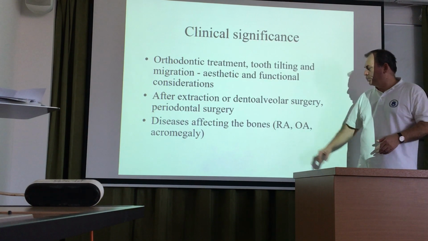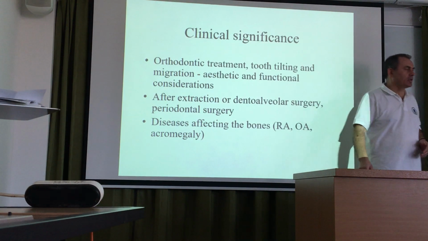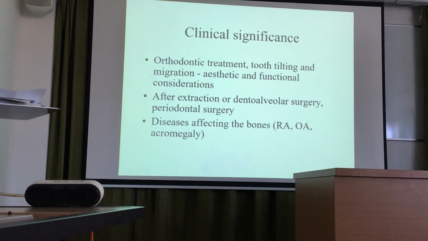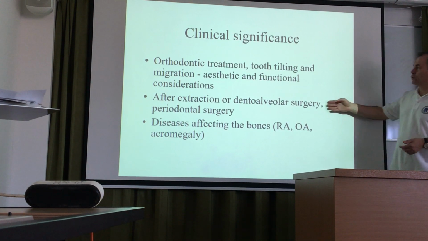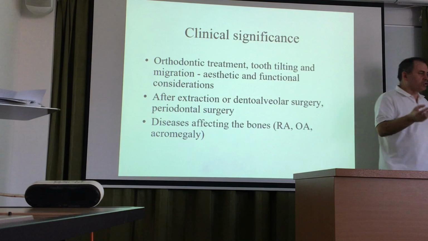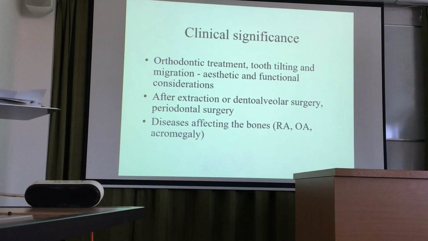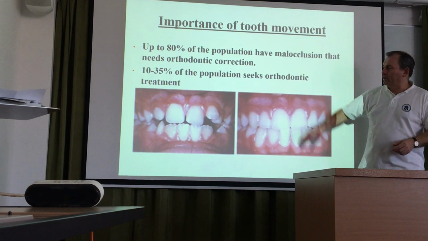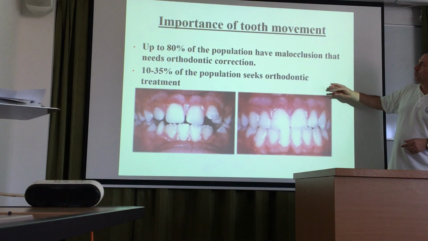The opposite is seen in rheumatoid arthritis and osteoarthritis, where bone destruction is seen. So tooth movement, migration, and changes of bone growth are connected to this dental topic I have mentioned.